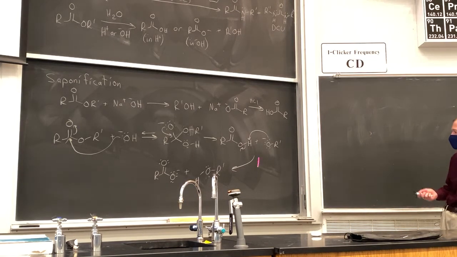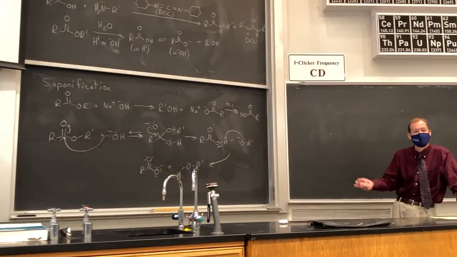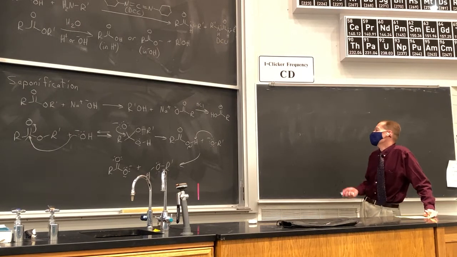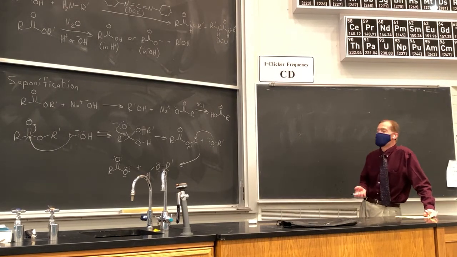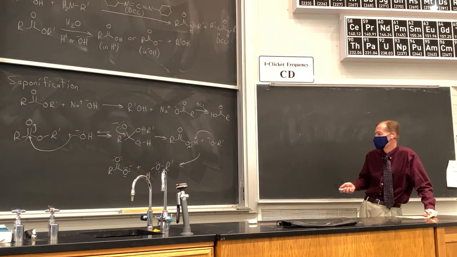Okay? So this step, again, as I mentioned previously, acid-base steps are favorable if we convert stronger acids into weaker acids or stronger bases into weaker bases. Here we have an alkoxide, that's a strong base. The product is a carboxylate. That carboxylate is a weak base. Resonance stabilized, a weak base.